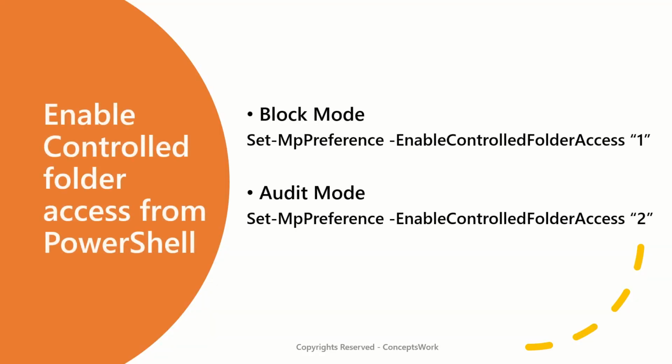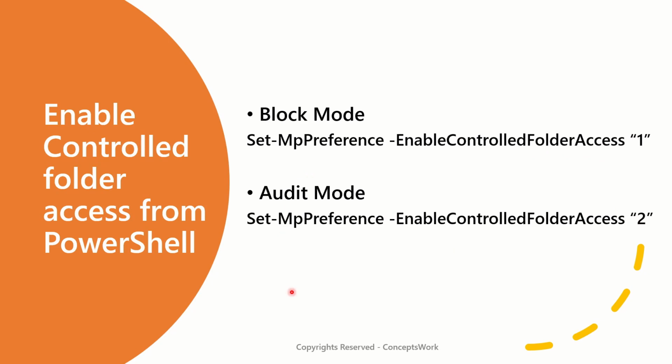Now let's talk about how controlled folder access can be enabled or disabled from PowerShell. Okay. Now there are 2 modes, block mode and audit mode. In order to enable controlled folder access in block mode, this is the command that you have to use, which says Set-MpPreference -EnableControlledFolderAccess with value 1, and value 2 can be used for audit mode.